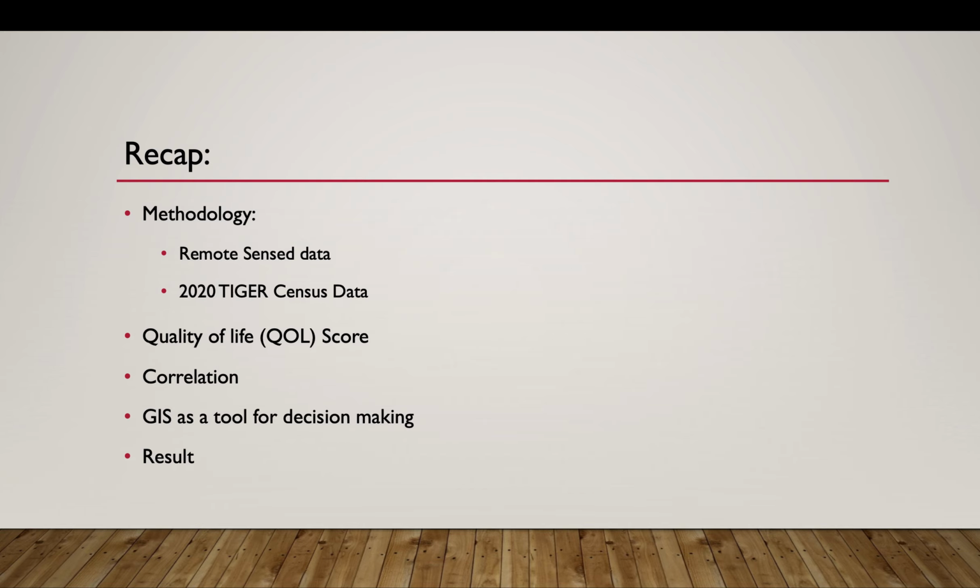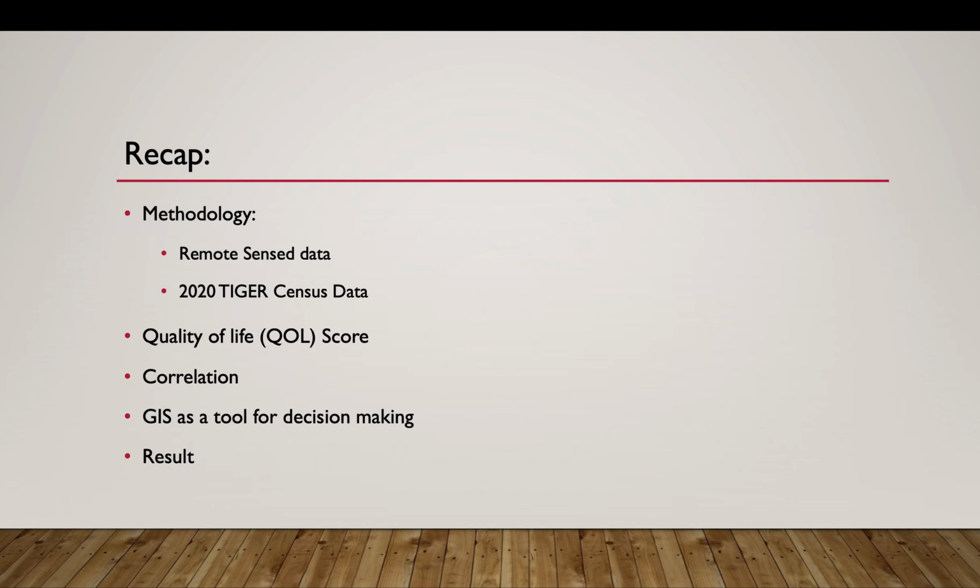In conclusion, when we recap the methodology that we used for this research paper, we can see that remote sensing data and target sensing data, when they're all brought together under a GIS software, allow us to do some deep analysis and to determine many correlations between those two separate, different data types.